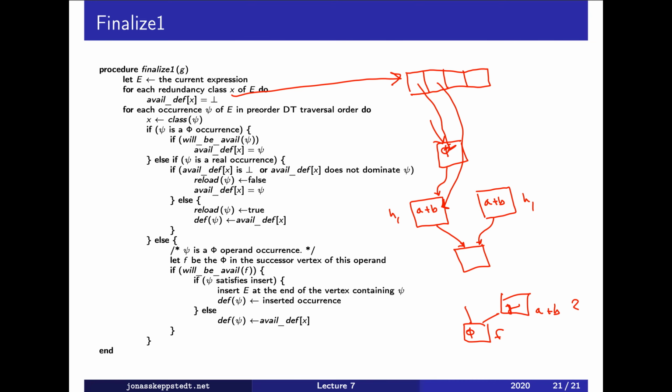Well, the question is answered by first whether the phi function will be available. If it's not, we ignore it, and then if it satisfies insert, that means it's a bottom operand. Otherwise, it will get the value either from a real or from a phi occurrence, according to the pointer in the array. That's SSA PRE.